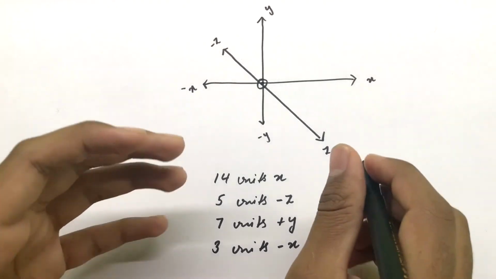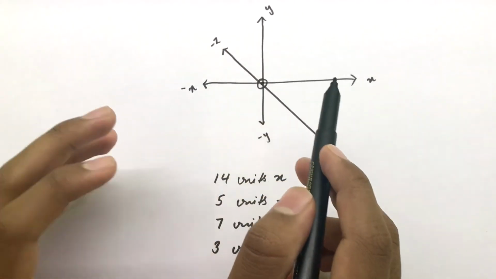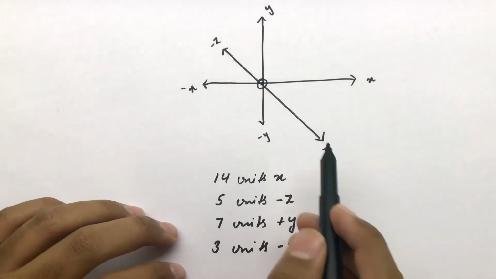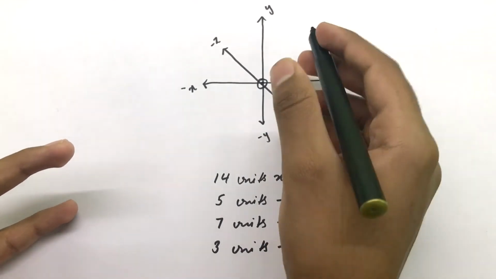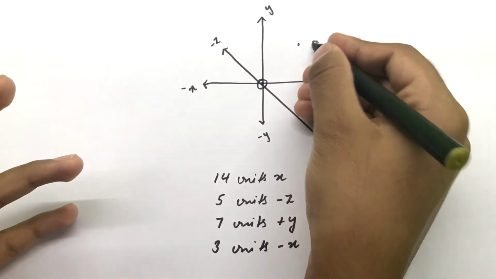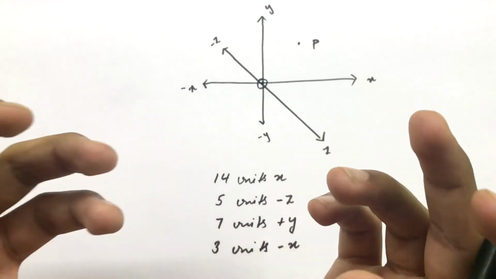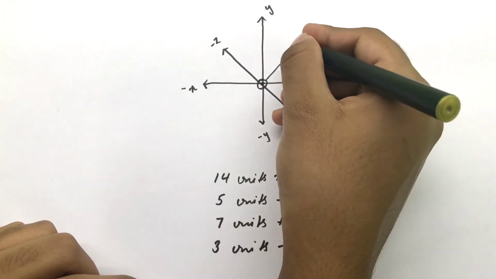Now finally he's at some point P. I'm not going to mark the point P because it will look uncertain. I'm going to mark it a little later. But finally, let's assume he's at a point P, anywhere over here, not that accurate. So now what I want you to find is the vector OP.